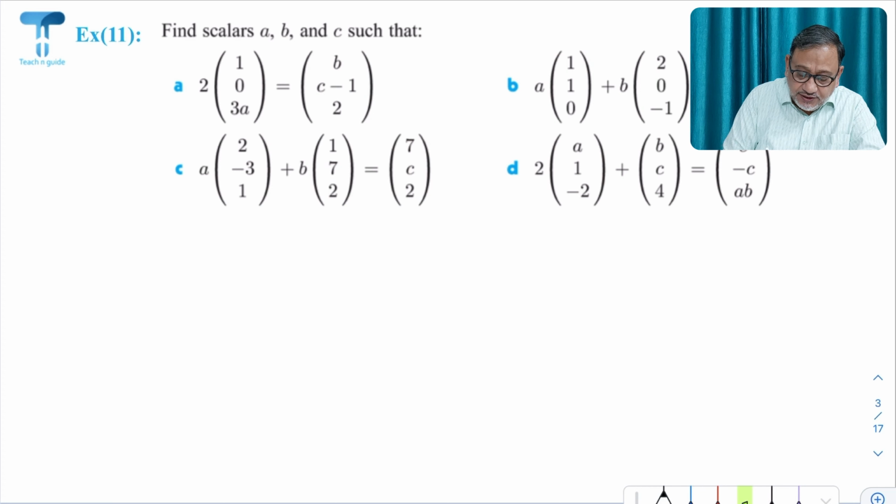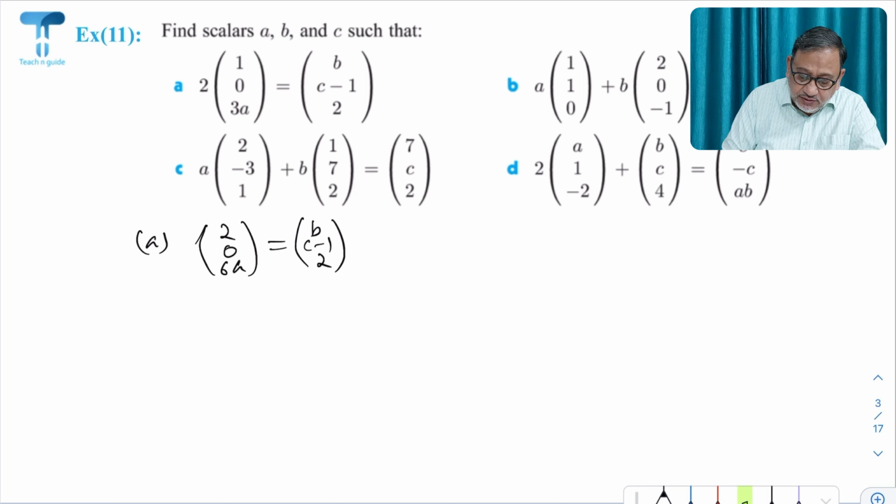So by equating components we can get them. 2 times means I will multiply by 2. So 2 into 1 is 2, 2 into 0 is 0, 2 into 3A is 6A, okay, is equal to (B, C minus 1, 2).